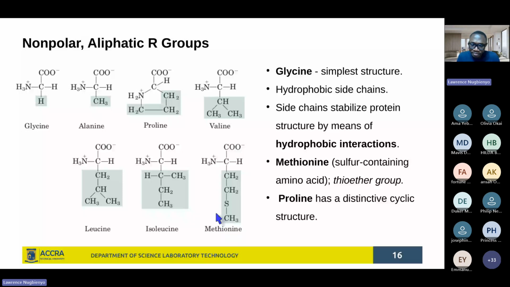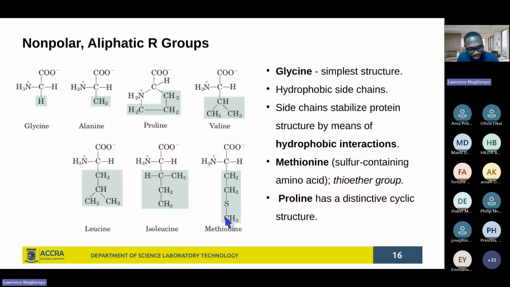And you see here, there's a special bond that is existing in methionine referred to as a thioether group. You know, you refer to an ether. An ether group is a carbon, oxygen, carbon. So carbon bonded to oxygen and then oxygen bonded to carbon. So if you have in place of this sulfur, oxygen, that is an ether group.